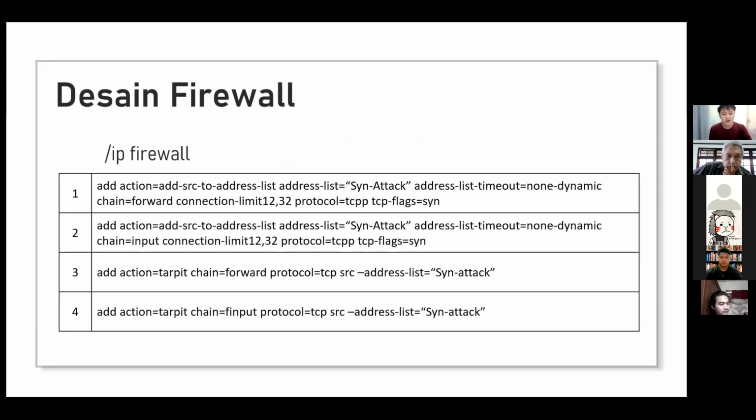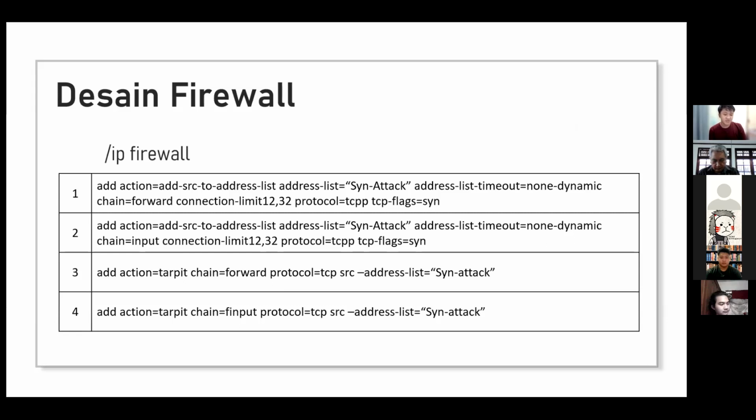Okay. I will explain my firewall design first. There are 2 types of firewall rules. The first type is add source to address list in Syn attack. Jadi source-nya akan ditambah. It will be added to the address list named Syn attack.